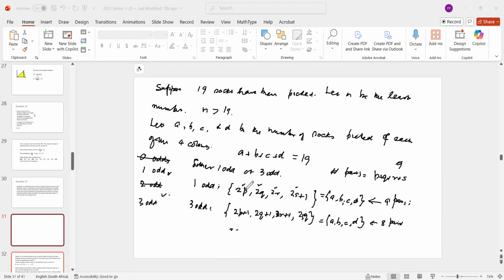Worst possible case is if you picked up one from here, that doesn't give you a new pair. You could have picked up one from here, right? 1, 1, 1. There's already 3, and you still got no pair. So you can pick up 3 here, but the last possibility is this one.